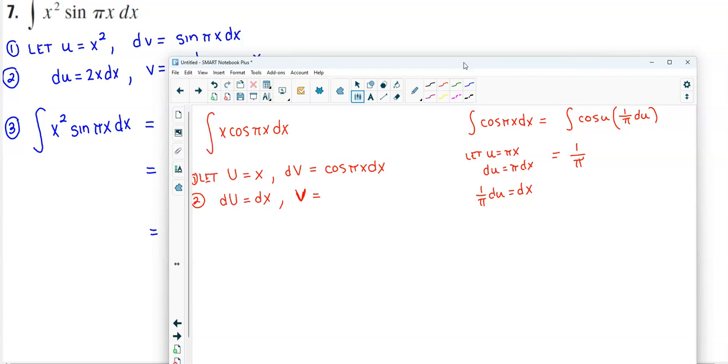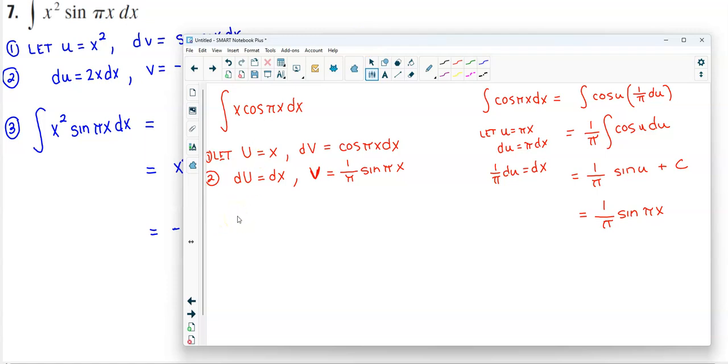So we would get 1 over pi times the cosine of u du, and the antiderivative of the cosine of u is going to be the sine of u plus c. So therefore we get 1 over pi times the sine of pi x. So therefore this is 1 over pi times the sine of pi x.